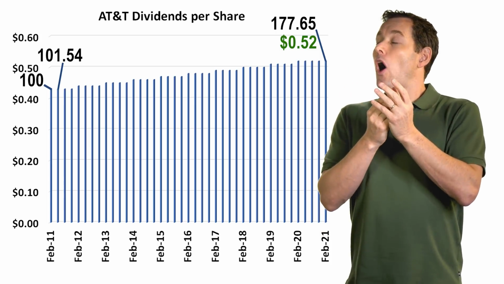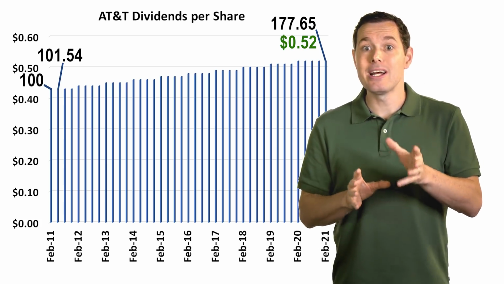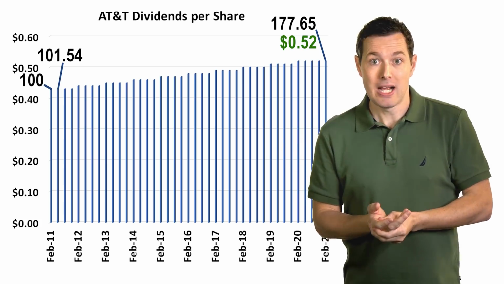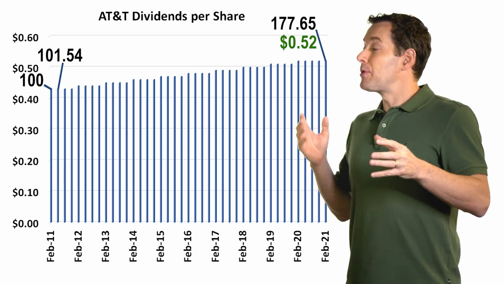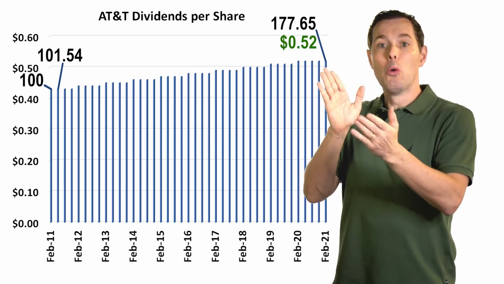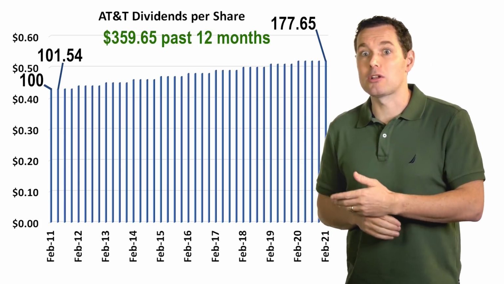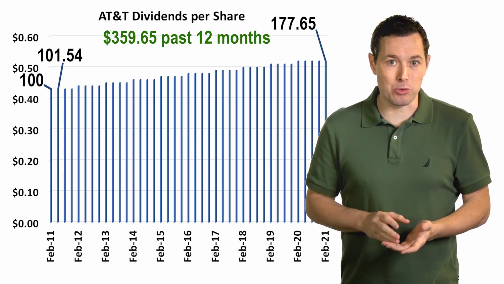So on the next dividend with our current share amount, we would receive about $92 in dividends. And that's just for this quarter. If we were to count that dividend and the previous 3 quarters on top of that, so one total year, we would have received about $360 in dividends over the past 12 months.